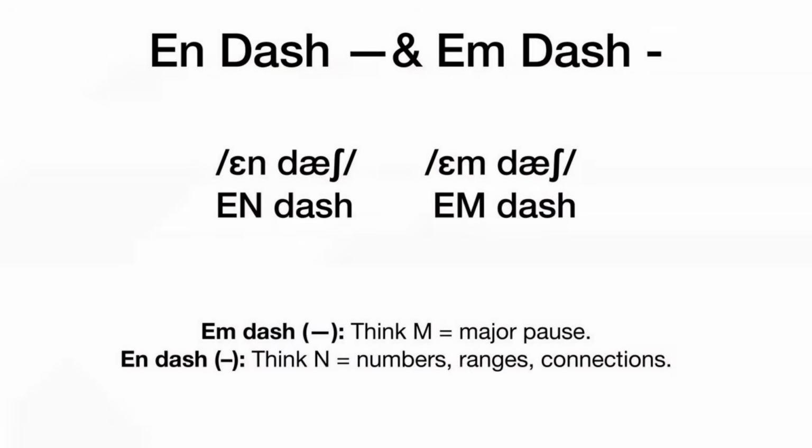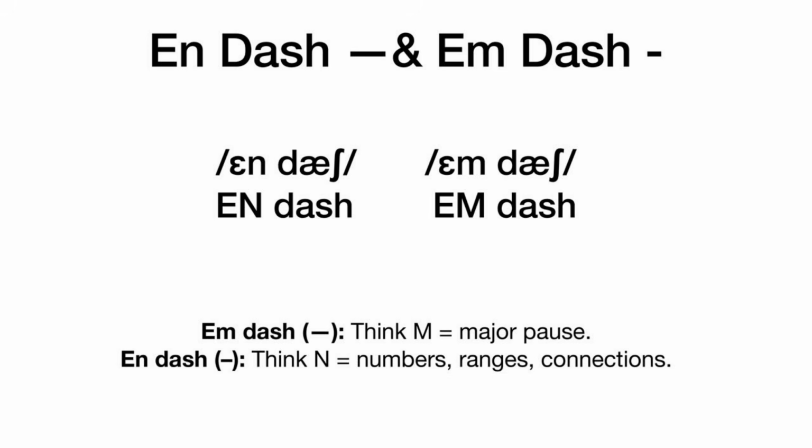So we have N and M. And then we're going to add dash and just end with that SH. Dash is unstressed. Okay, we have N dash, M dash.